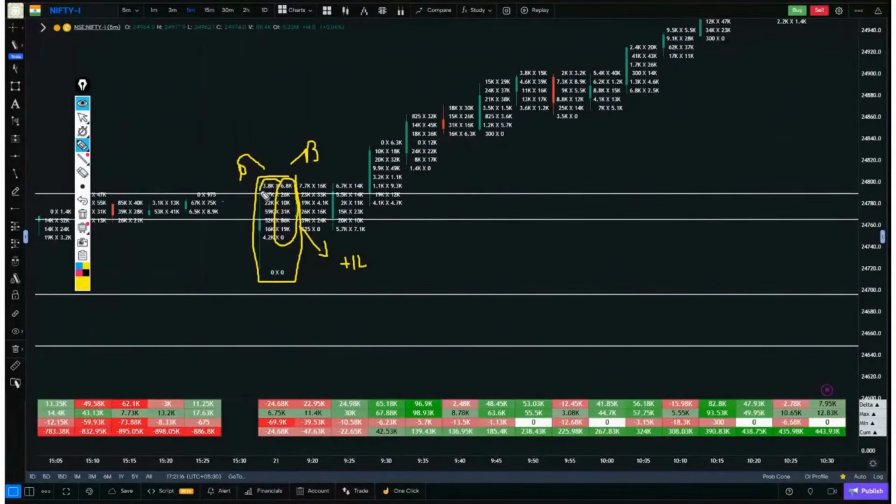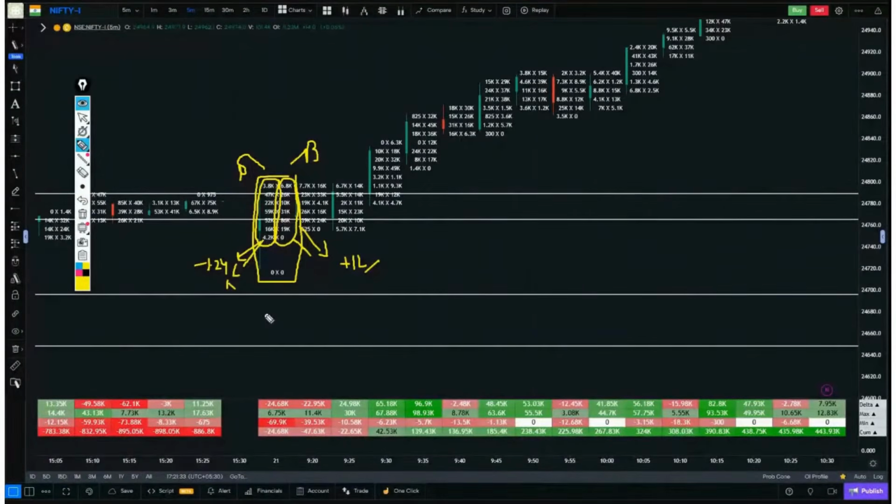And then, let's add up all the sellers on the left side. Now, suppose the total here comes out to be 1,24,000. Let's denote this as the seller. This is the total on the buyer side, and this is the total on the seller side.